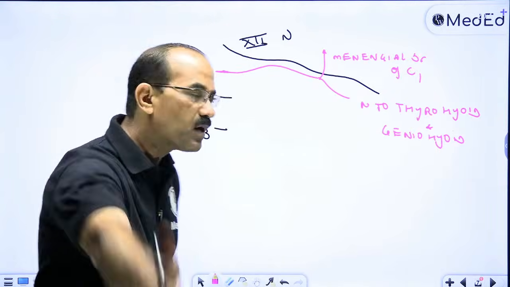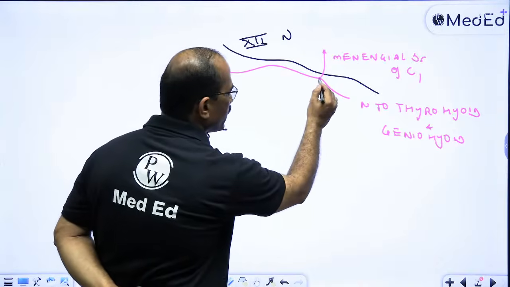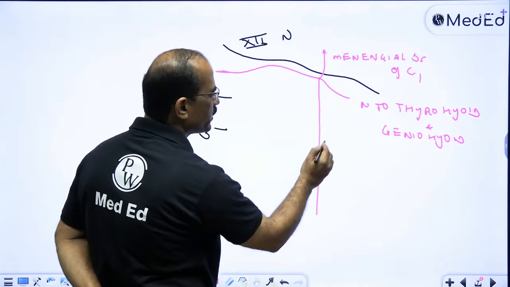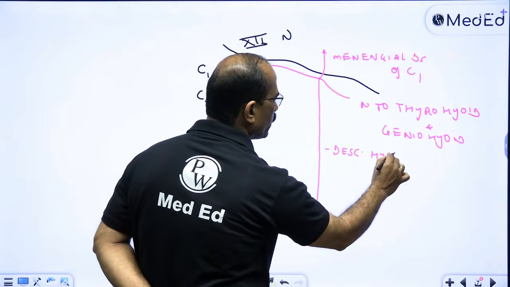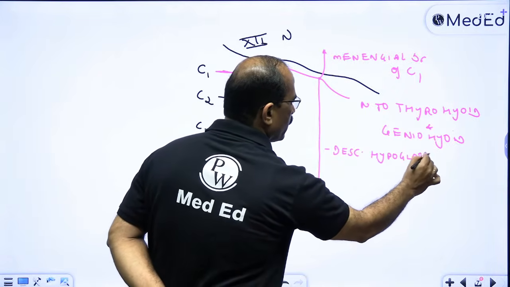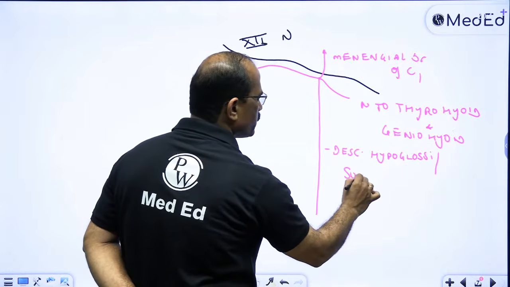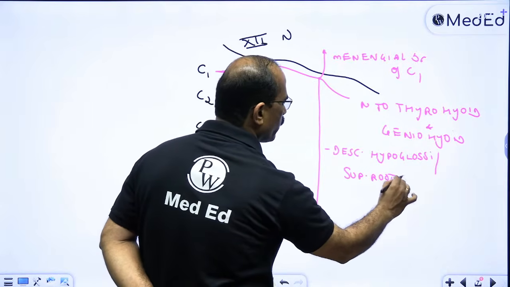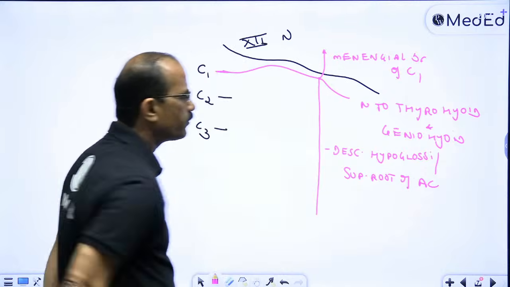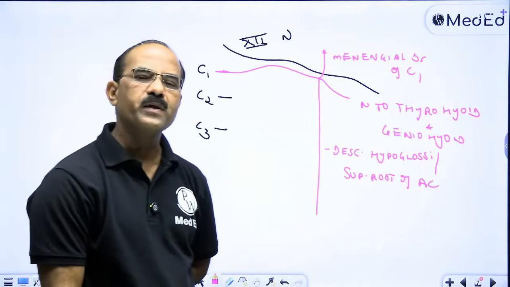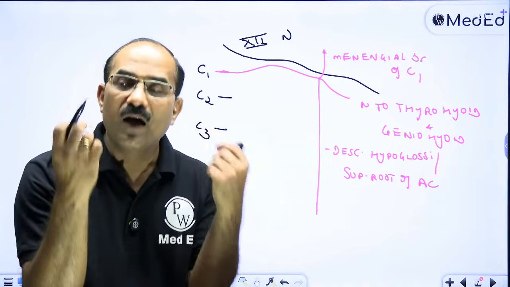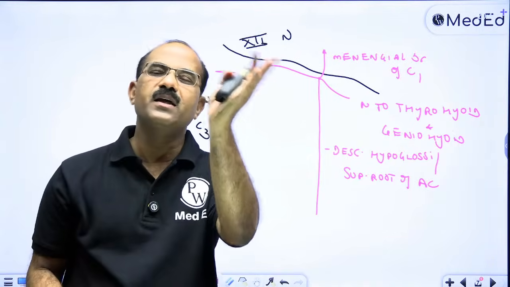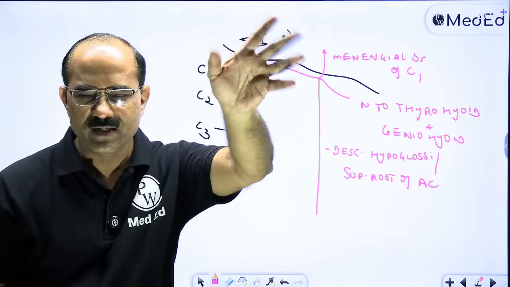And the third branch descends down. This is what we call the descending hypoglossi, or the superior root of Ansa cervicalis. Where does the superior root of Ansa cervicalis come from? C1.